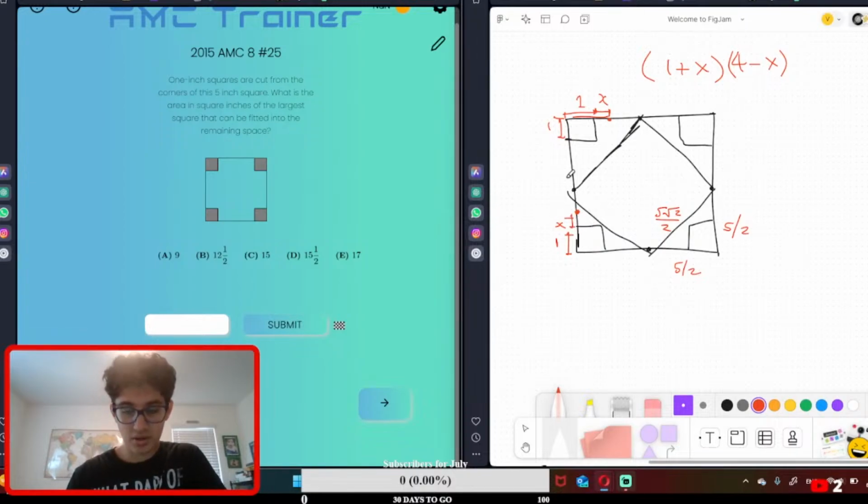We now need to find out the smallest possible value of x, or well, any value of x basically that will work. And for that we just want to make sure it doesn't go through that square, right? So let's call this the origin, 0 0.